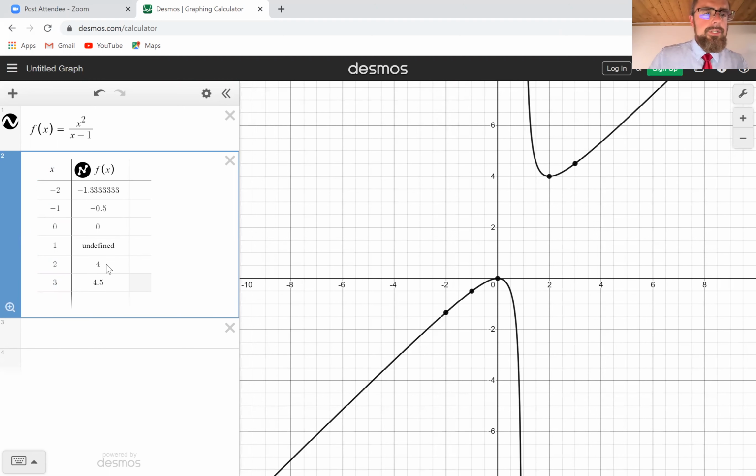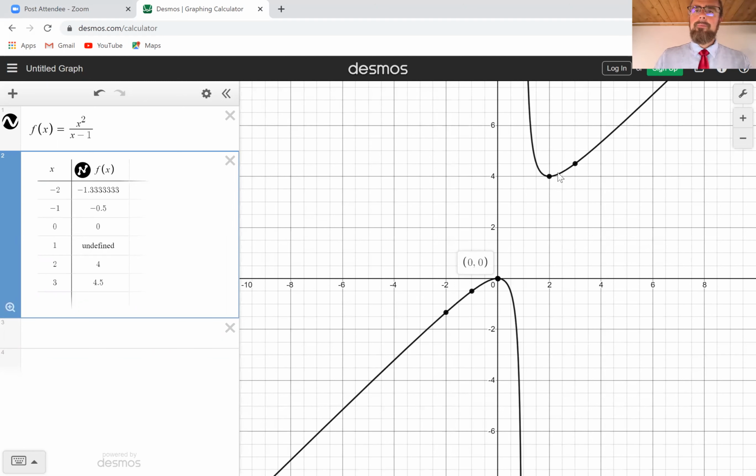I definitely see that I've got an undefined value at 1. When I look at the graph at 1, I see that's where the vertical asymptote is. And then I have these other values: -2, -1.3 repeating, -1, -0.5. It does go through the origin, which we saw. That's where our horizontal tangent line is, and I can see that's a relative max on the graph.